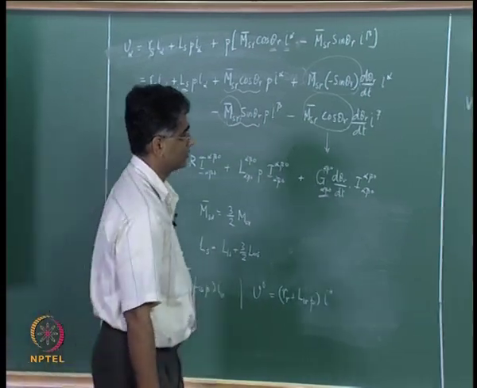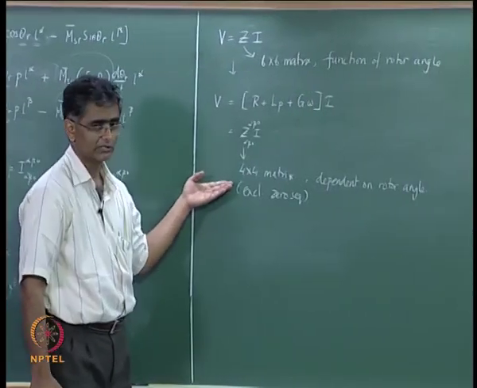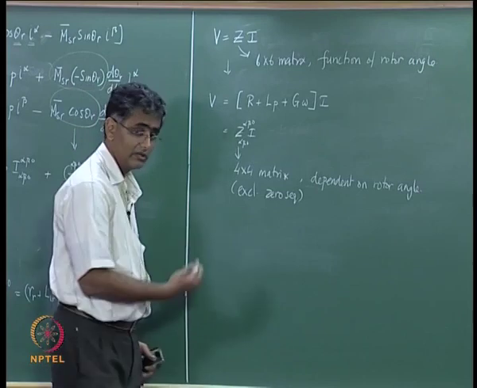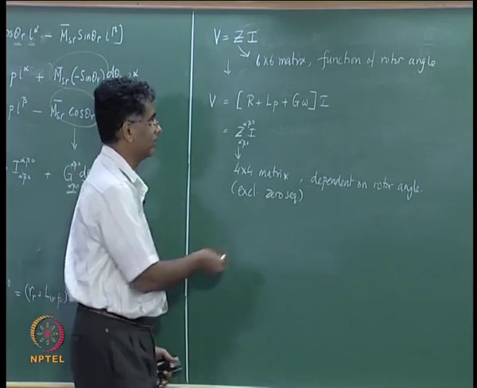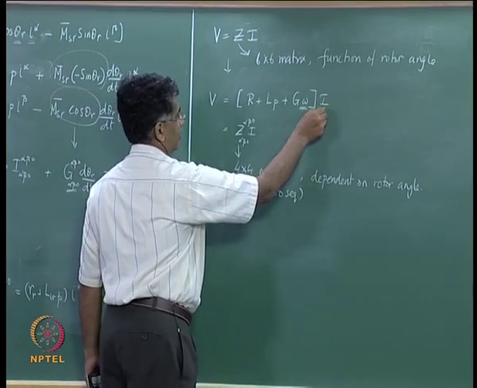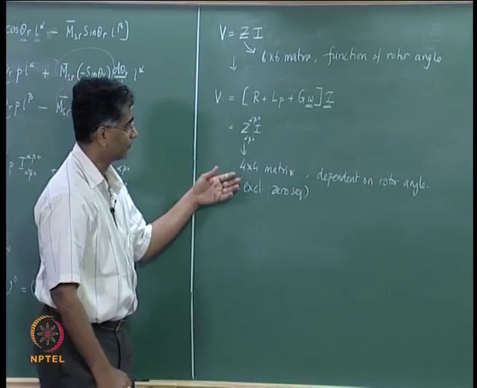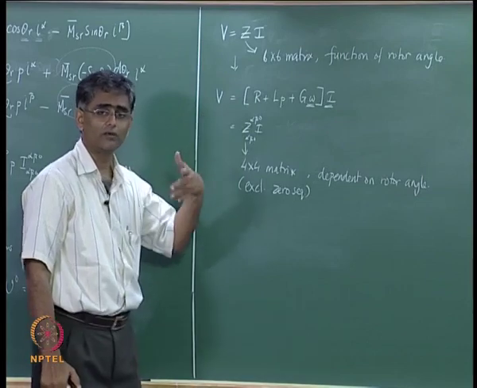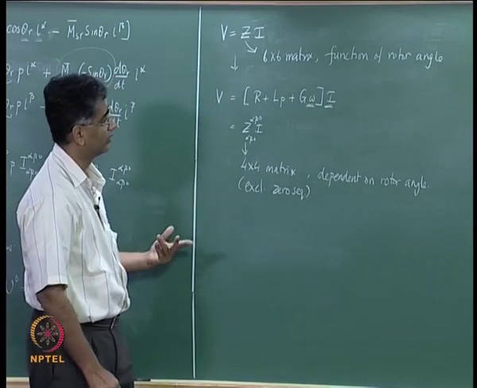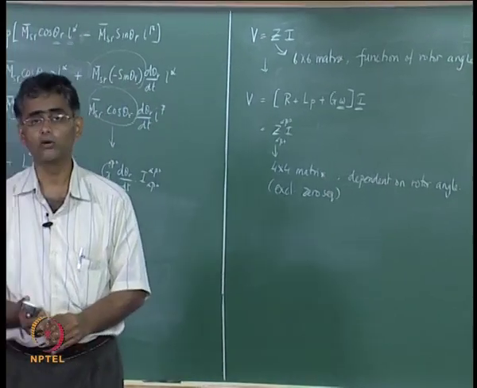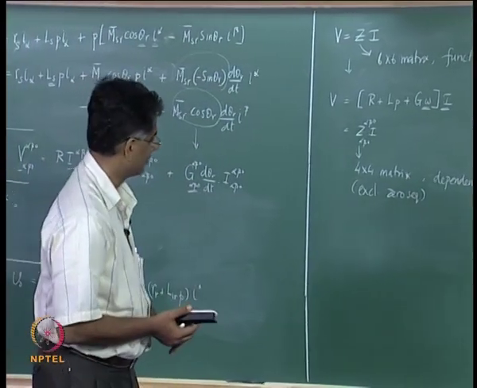So, how does one solve these equations? These equations are not simple, they are non-linear because of this term omega into I, and therefore, it is quite difficult to solve by hand. You would need to take recourse to some digital computer algorithms in order to solve these sets of equations.